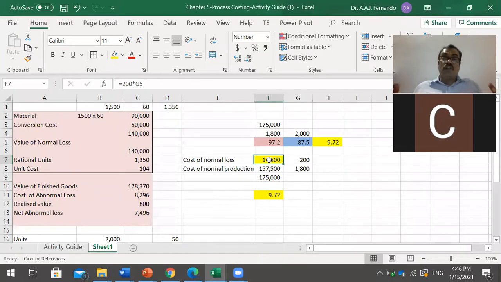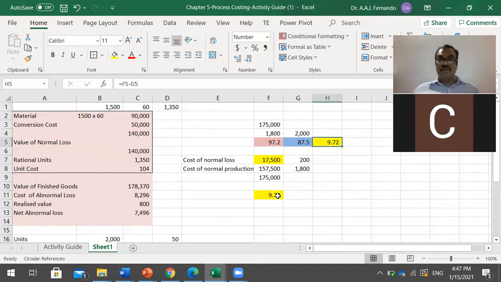The cost of the normal loss is not recorded anywhere. Since that has been absorbed, we must be able to calculate how much has been absorbed by one unit. Total amount is 17,500, so 17,500 divided by 1,800 gives you this value, 9.72. That is the exact amount of this difference.